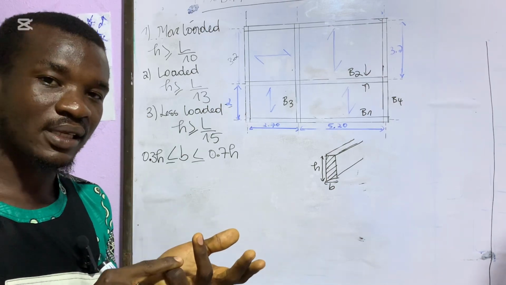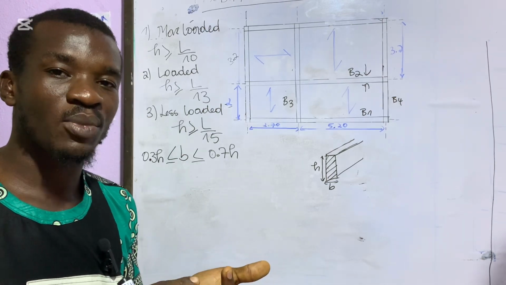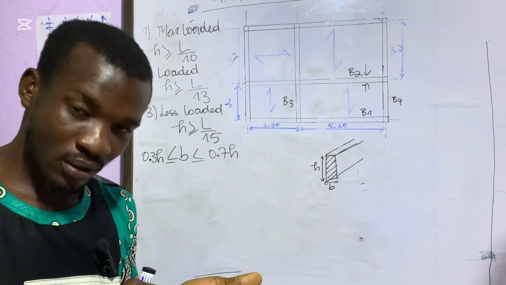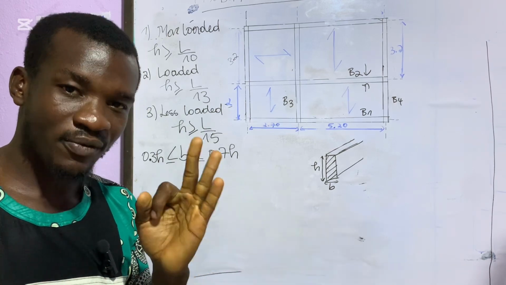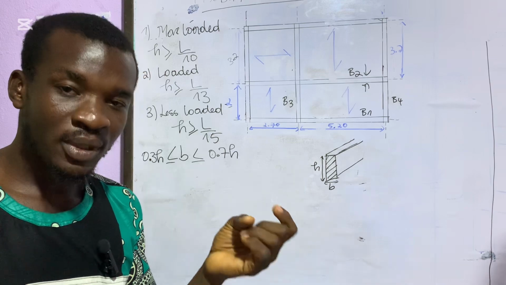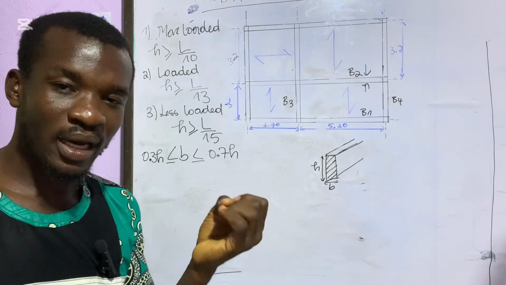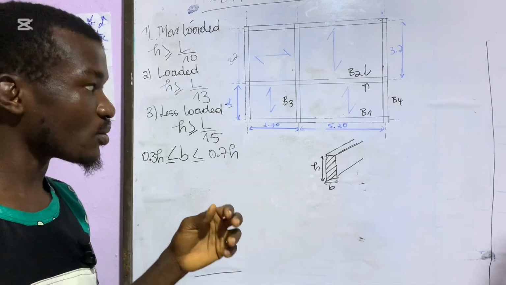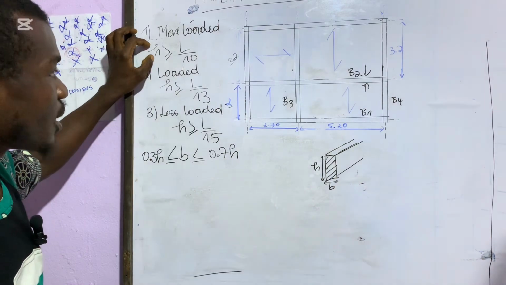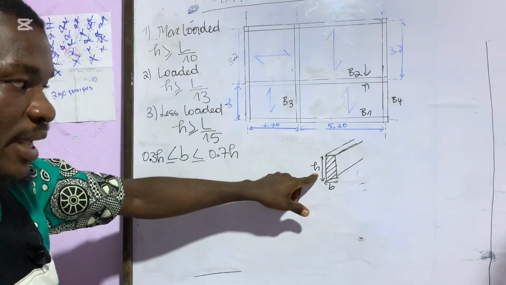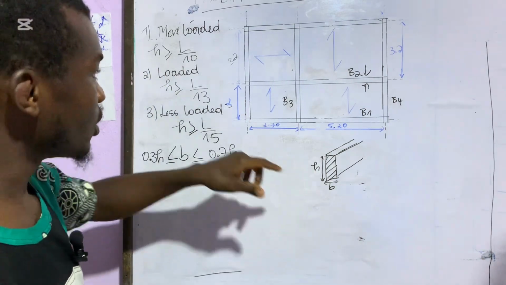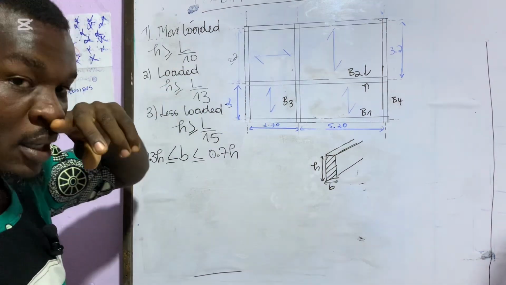To know the case, you have to find if your beam is more loaded, loaded or less loaded. So you have three types of beam. In the case of a more loaded beam, h, which is the depth of your beam, should be greater or equal than L on 10.